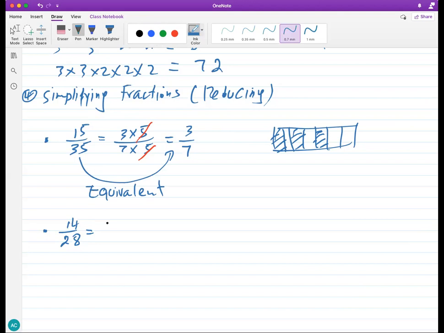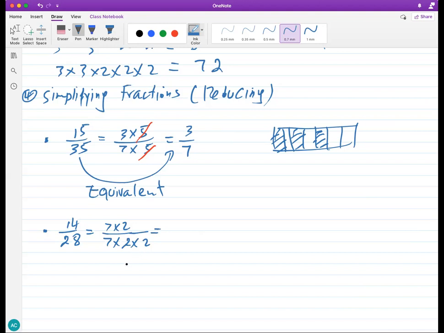So 14 is basically 7 times 2. And this is 7 times 4. Cancel the 7s. Actually, you can divide even more. 4 is 2 times 2. You can break them down on the side, both ends.